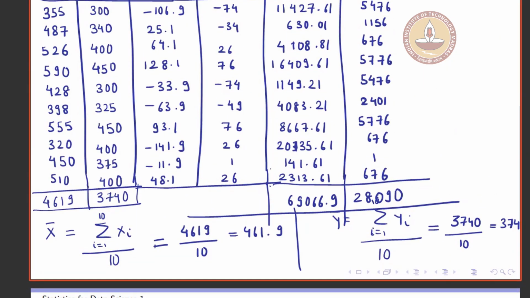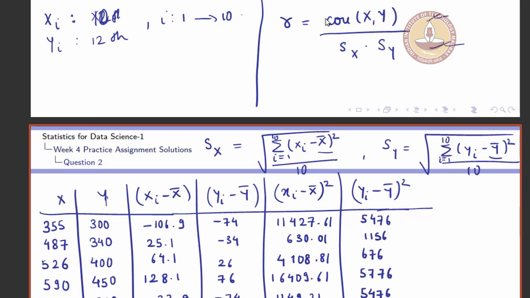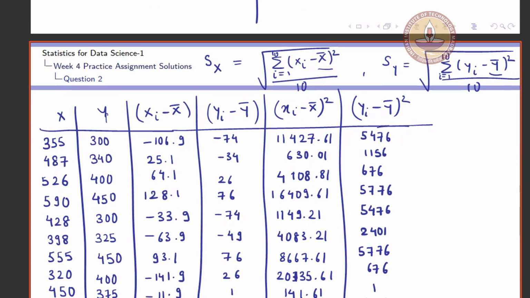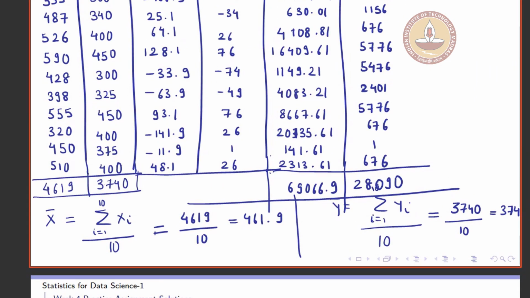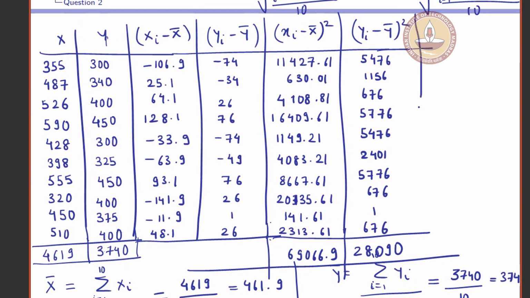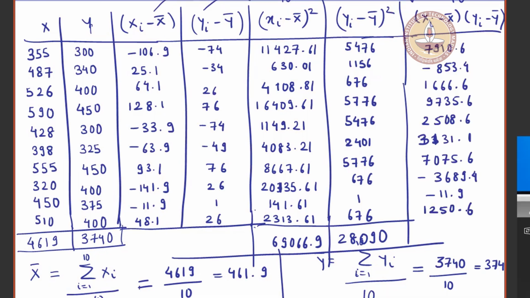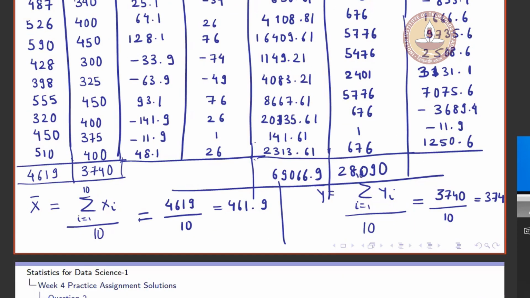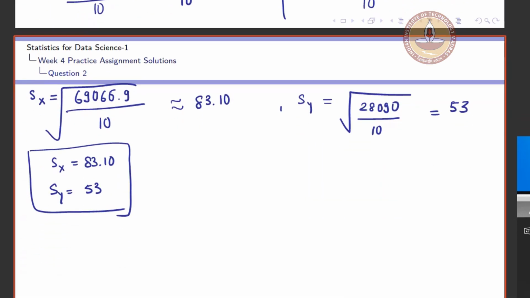Now let's calculate the covariance in order to find the correlation coefficient. So let's add one more column here, that is xi minus x bar into yi minus y bar. We'll just take the product of these two columns. Now how do you find the covariance?